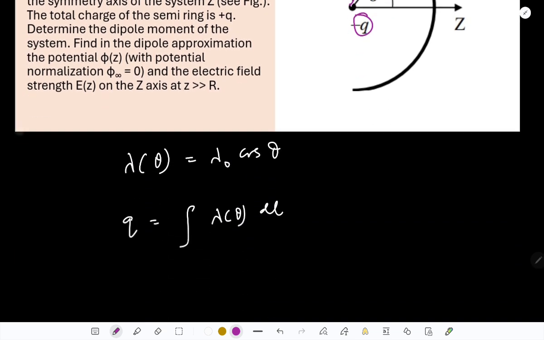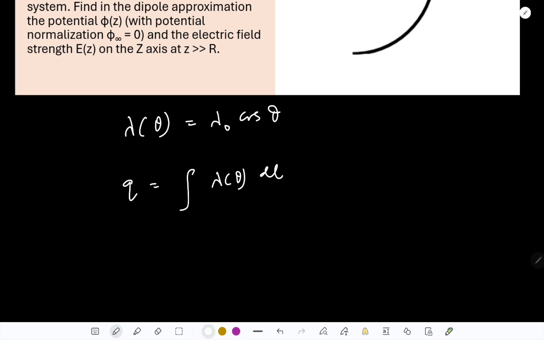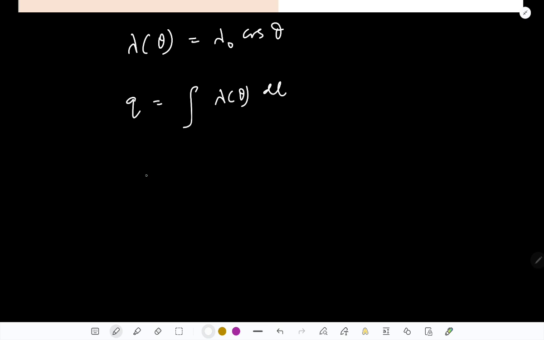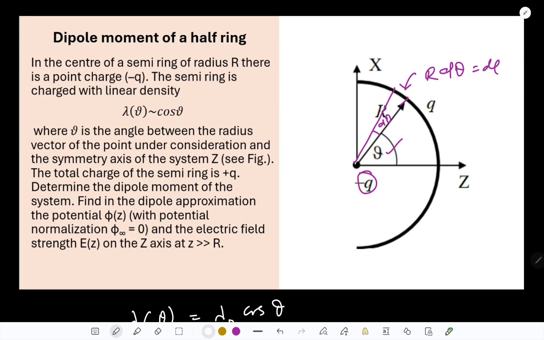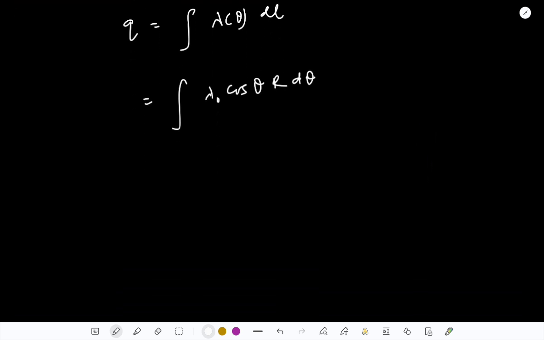So q equals the integral of lambda naught cos theta times r d theta, with limits from minus pi by 2 to pi by 2.